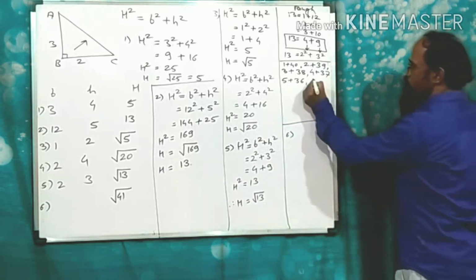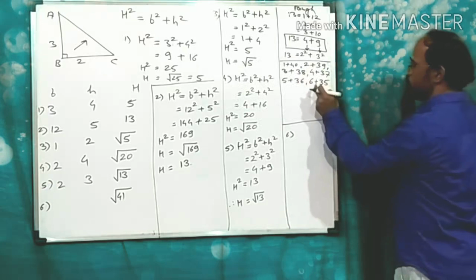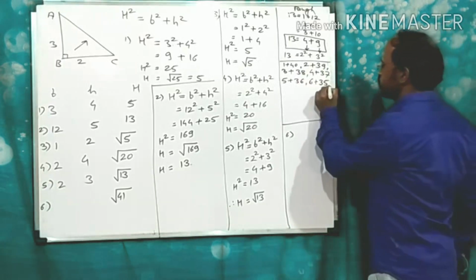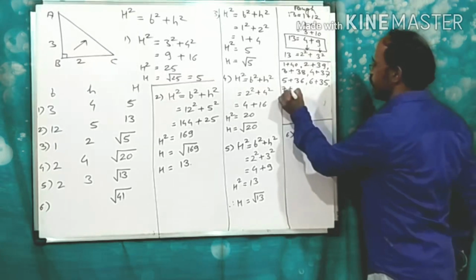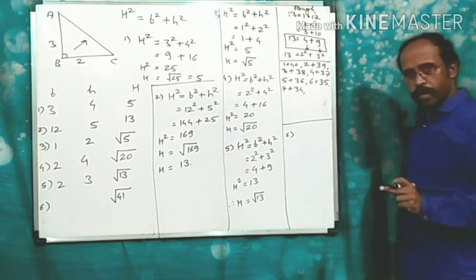Let's move forward. 6 plus 35. 6 and 35, both are not square of any number. 7 plus 34, both are not square numbers.